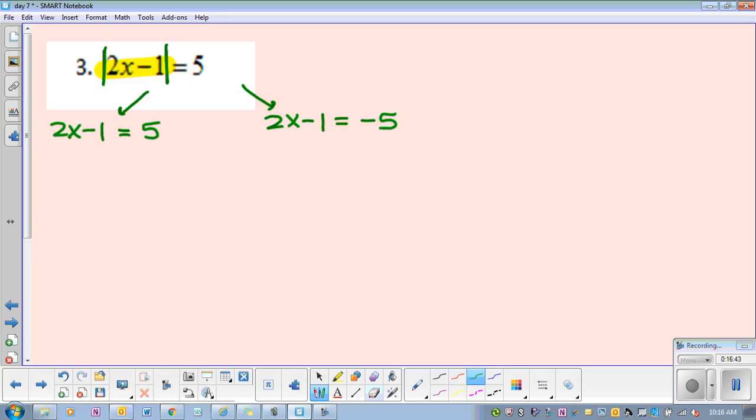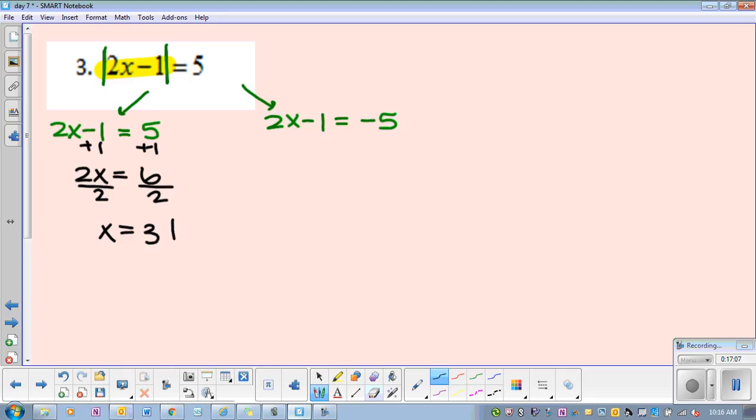We have to solve for these two x's. Add the 1. Then I have 2x equals 6. Now what? Divide by 2. What's 6 divided by 2? 3.